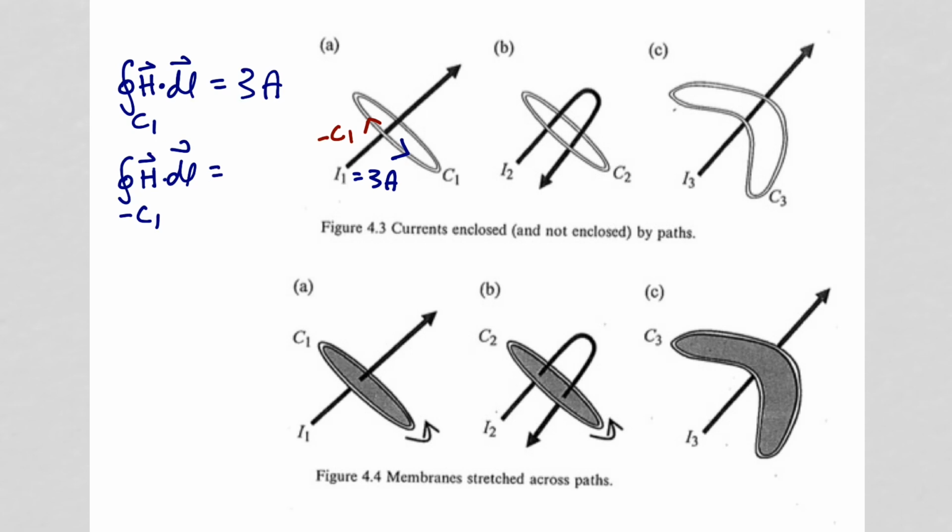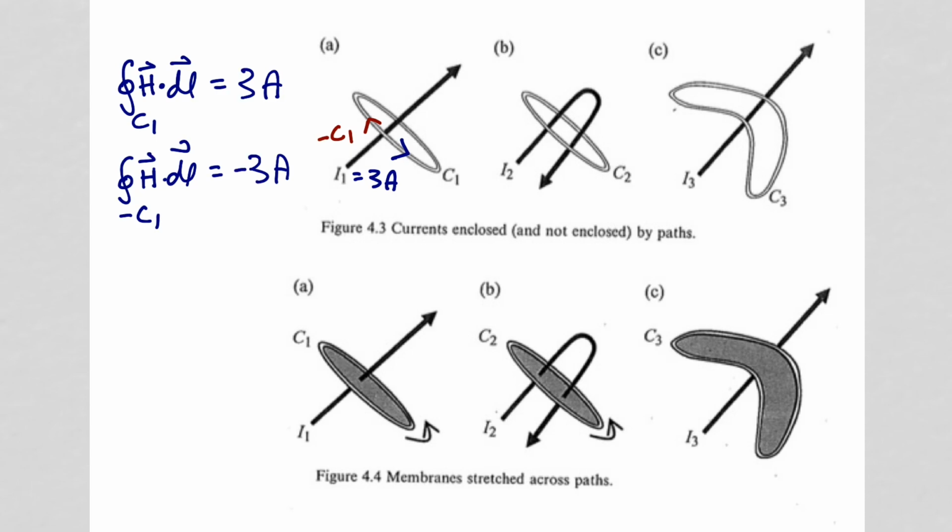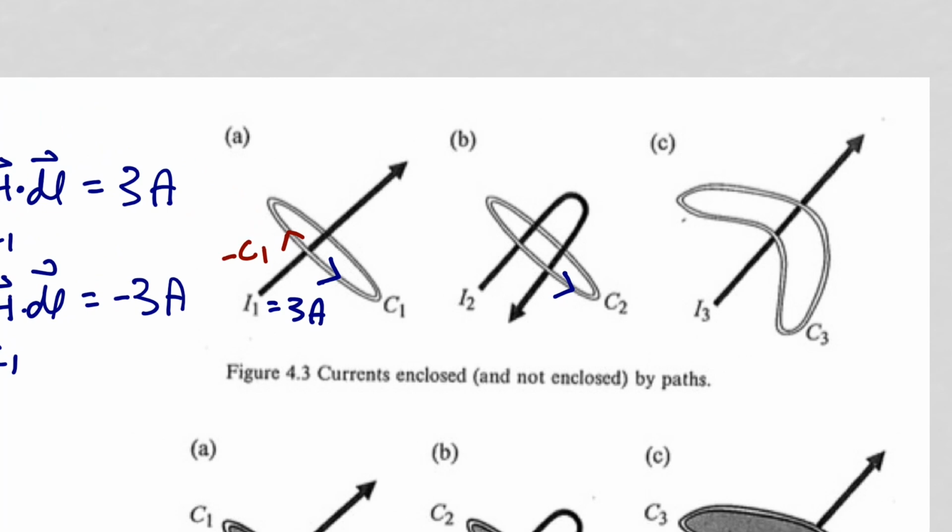Now let's look at path C2. So you're going to integrate h dot dl in the direction of C2 here like this. So your right thumb points to the upper right, and you see you have, let's define again, I2 as being 3 amps.